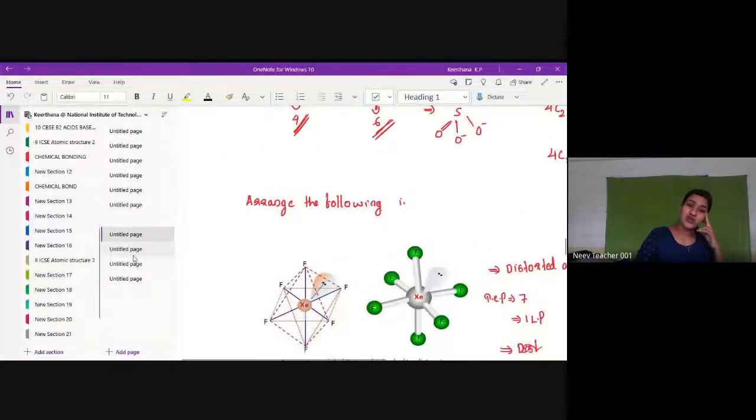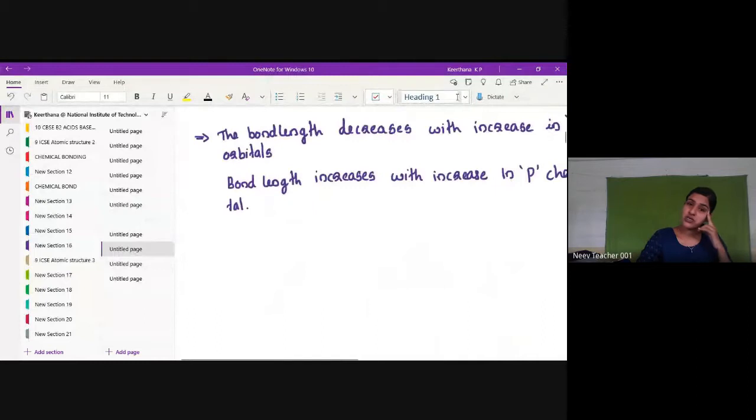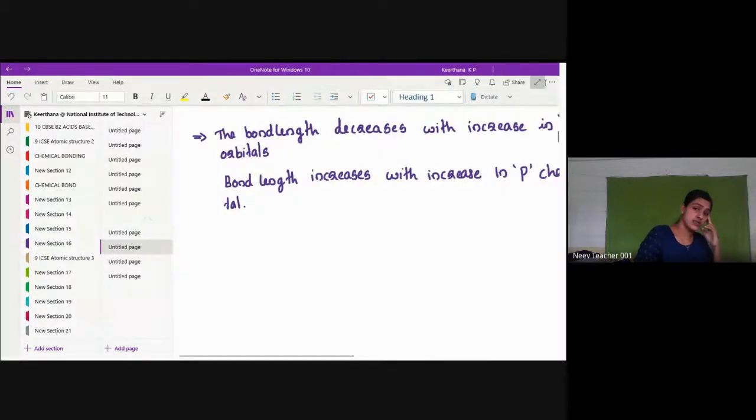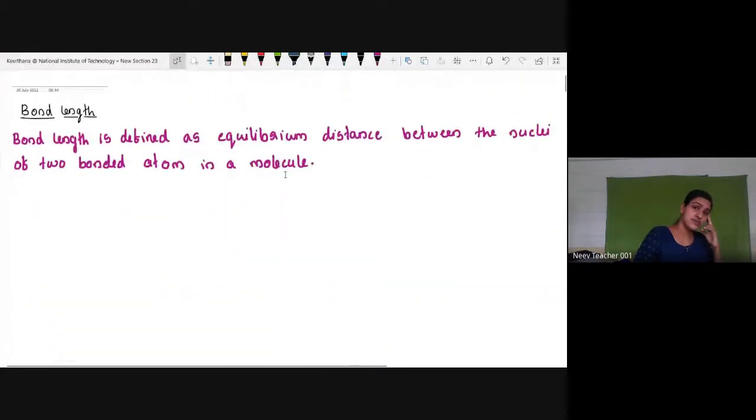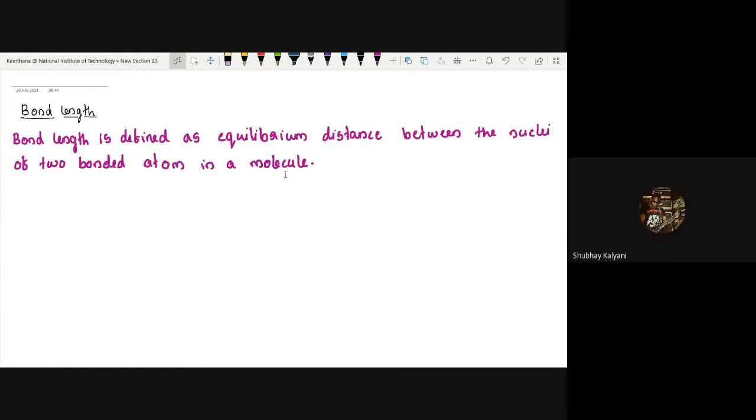Now we are going to discuss the bond length. So what is the bond length? I think the bond length was covered in periodic properties already, but we didn't do it in detail. We just did one example.